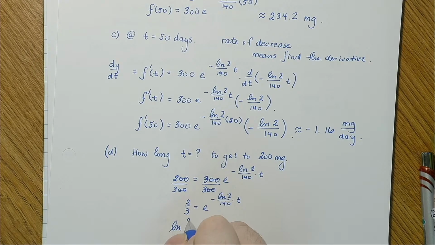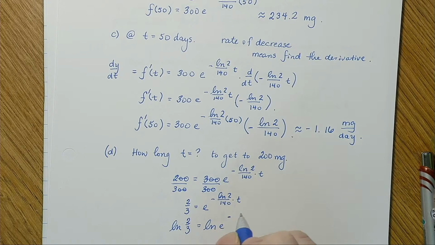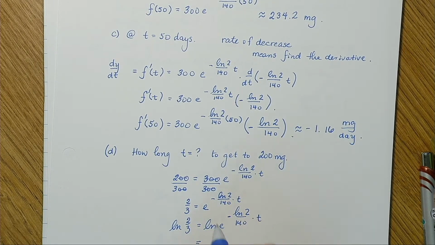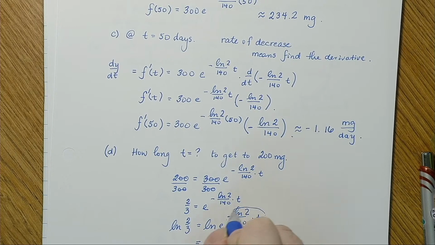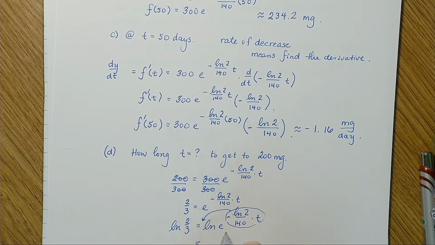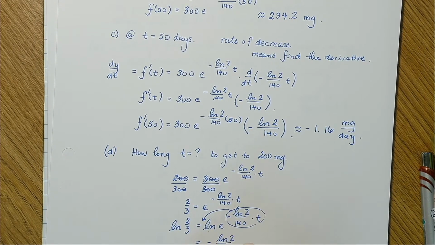So ln of 2/3 is equal to the ln of e to the minus ln 2 over 140 times t. Again, that comes down in front. So ln e is equal to 1. So I'm left with negative ln 2 over 140 times t, ln of 2/3.